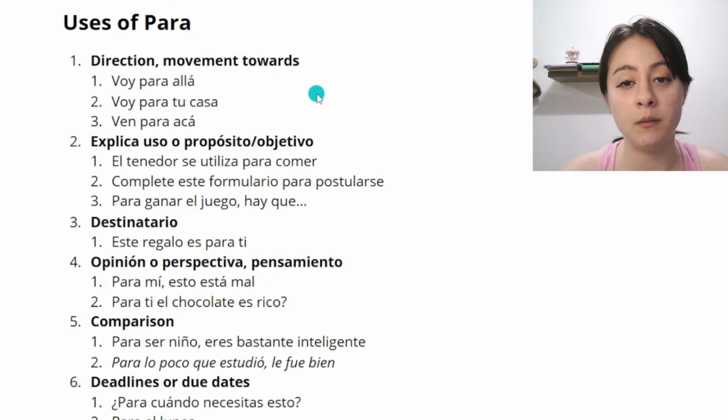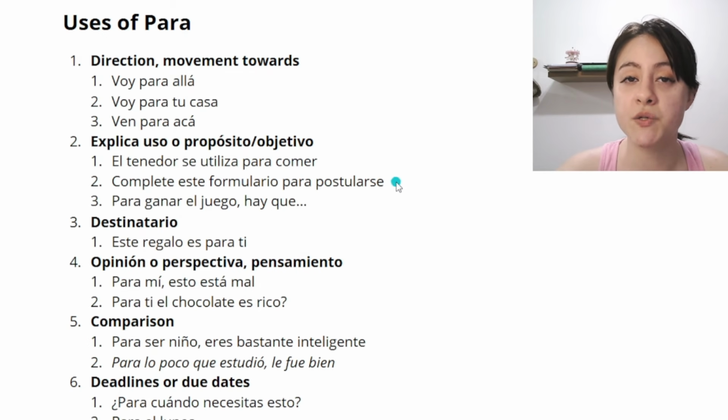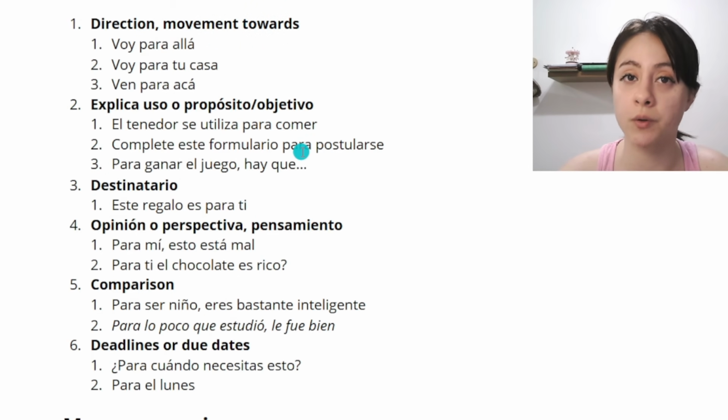Here we're indicating purpose. Then the second example says, complete este formulario para postularse. It means complete this form in order to apply. So here it has the translation of in order to.